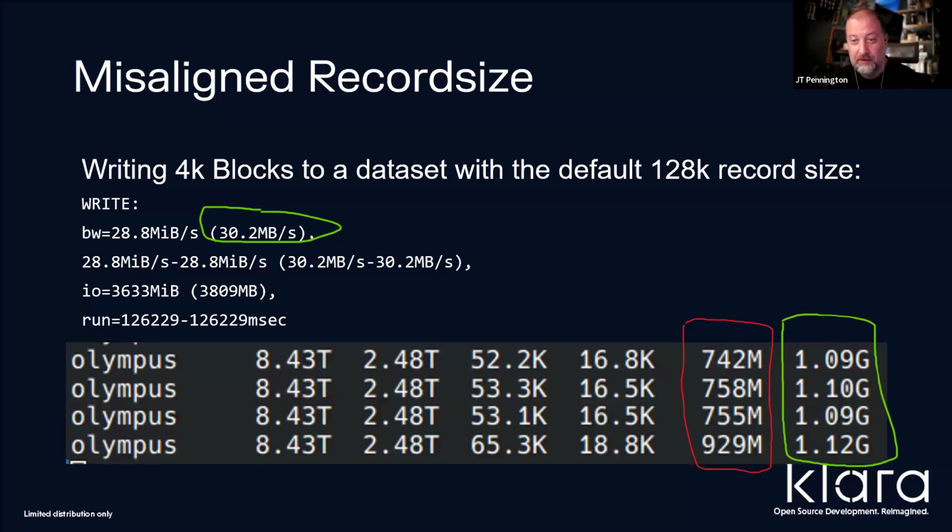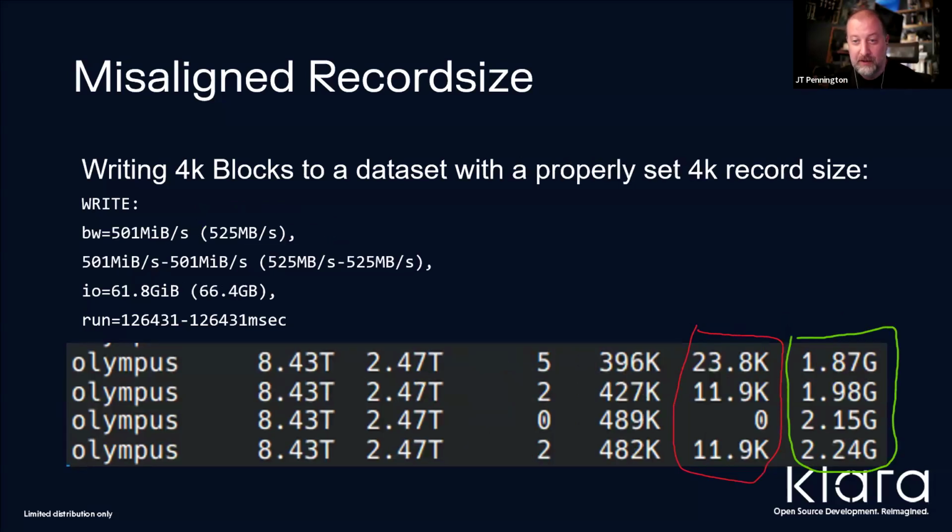Now, if we go to the next one, which is the properly aligned, you can see that this same test, the same 120 seconds, but properly aligned, throughout the entire length of the test, we were able to do 66 gigabytes of data. So we went from under 4 to over 60. This is really, really important to get right when you are testing, because otherwise the results that you're going to get are going to be completely unhelpful.